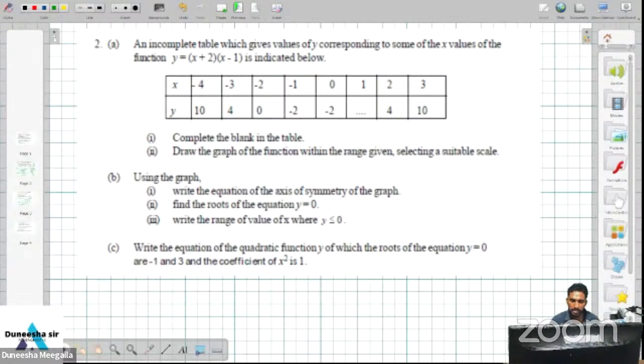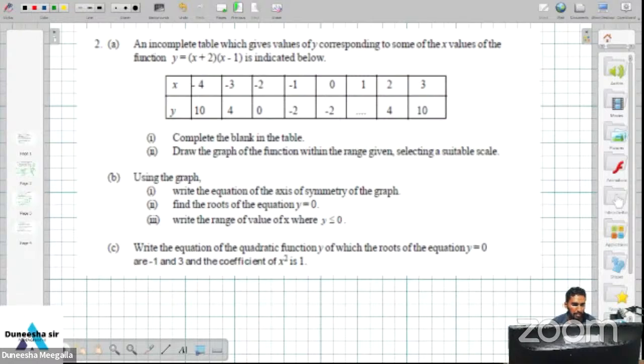What is the symmetry? When you were in grade 6, 7 and 8, you studied about symmetry. What is the symmetry? The right side and left side are equal.